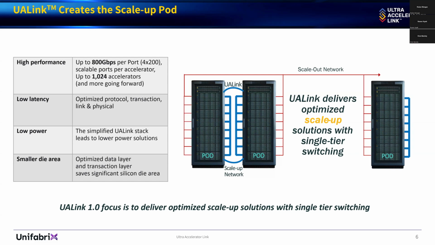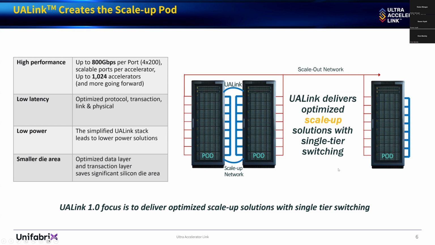It has low latency, an optimized protocol, transaction layer, link layer, and physical layer. It provides low power because of the simplified UALink stack that can enable silicon designs that use lower power. It also enables smaller die area because it provides an optimized data layer and transaction layer. So this saves significant silicon die area.